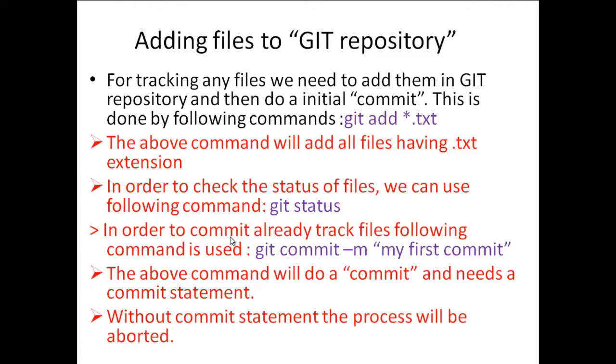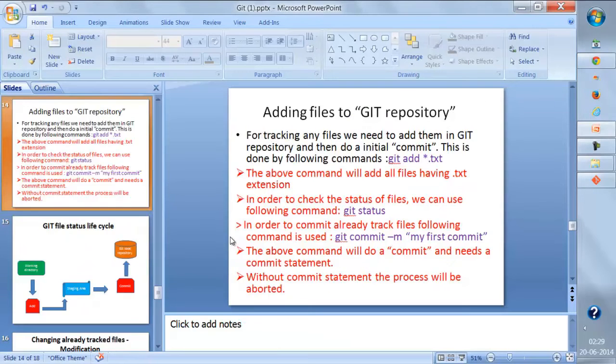For tracking the files, we need to add them into the Git repository first, and then we need to do the initial commit, right? So how are we going to do this process? There are two ways of doing it.